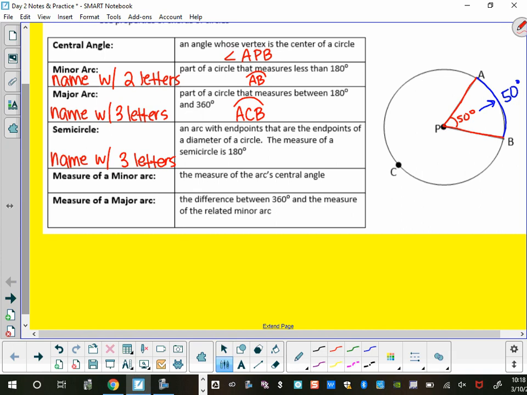Whatever your central angle is, that is also your arc. So what we're going to write is the measure of arc AB is equal to the measure of angle APB. All that says is that that arc is the same as that angle. You with me, Michael? Okay.